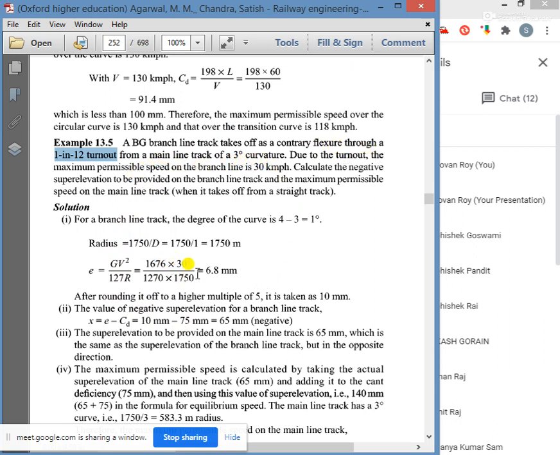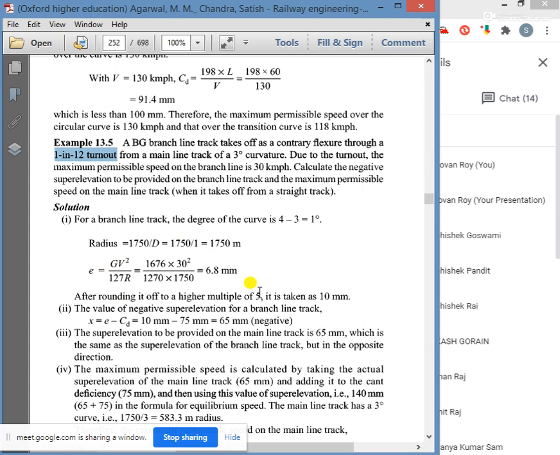So 1676 into 30 square by 127 into R. The R value is our radius of curvature for the branch line, 1750. So the super elevation for the branch line is 6.8 millimeter.